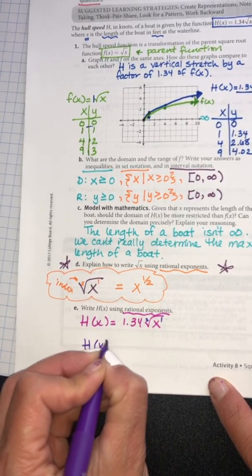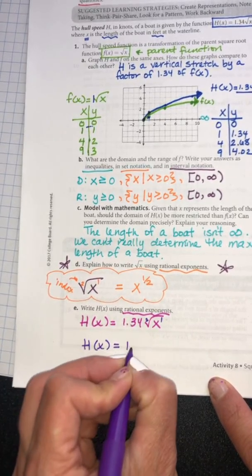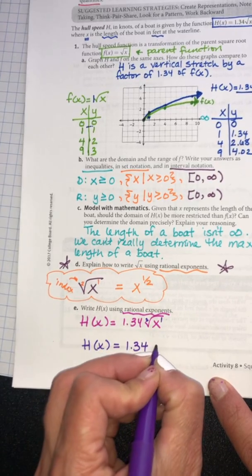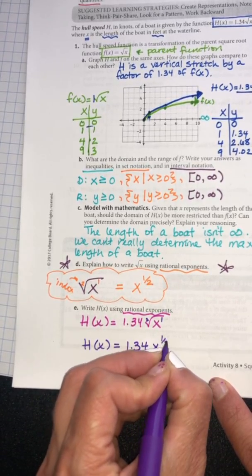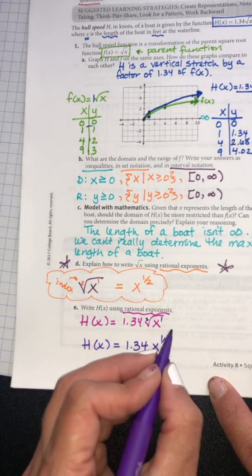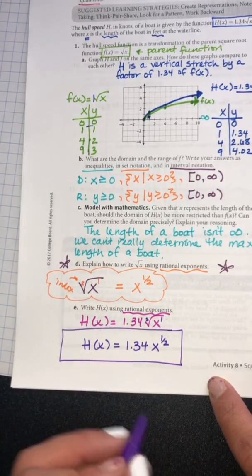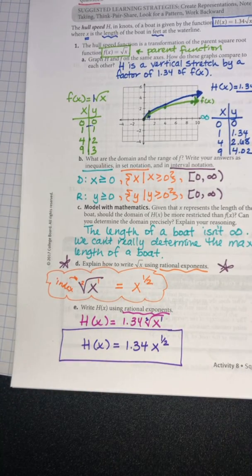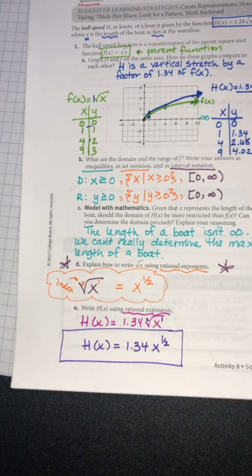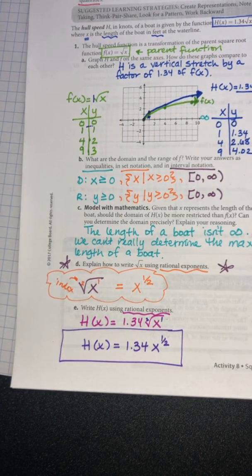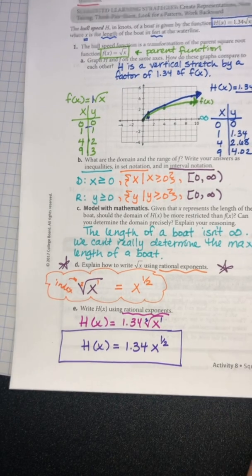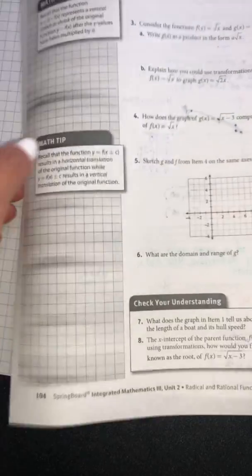So we could rewrite this as h of x equals 1.34 times x to the 1/2 power. That's it. So anytime you see a fractional exponent on a variable, it's also a radical. The denominator of that fraction tells you what kind of a radical it is. Square root, cube root, fourth root, whatever root.